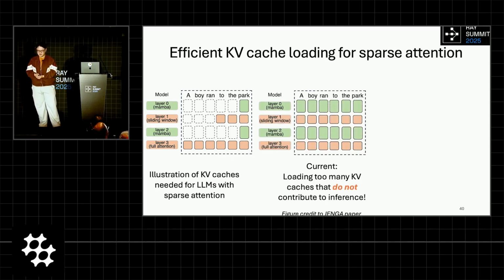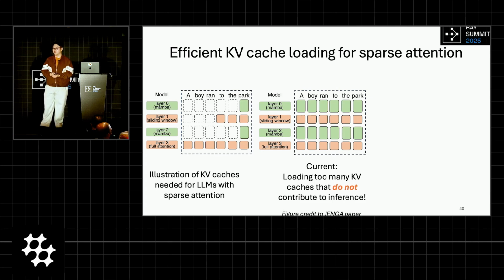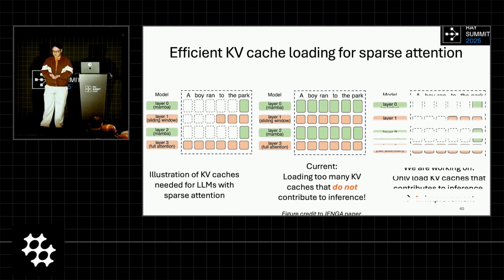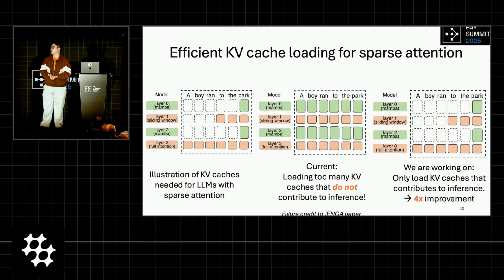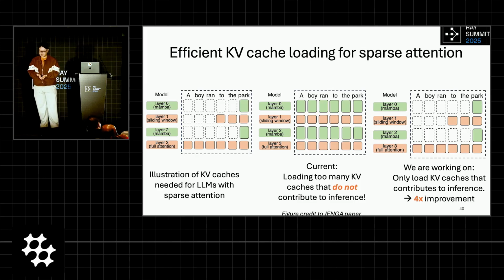But this is what existing frameworks across open source are doing: they are loading every KV cache. This is not ideal, because ideally we just want to load the KV cache needed for inference computation. And this technique alone can give us a 4x improvement on long context, because a lot of models use sparse attention in a 4 to 1 ratio, where 4 is the number of sparse attention layers and 1 is the number of full attention layers.